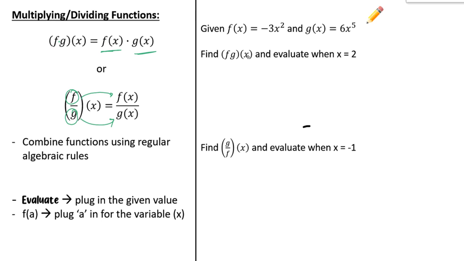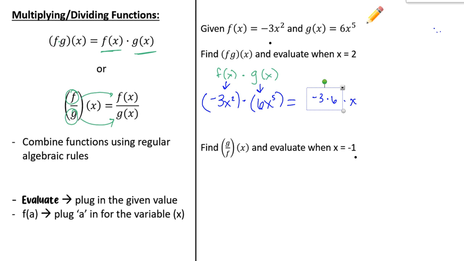So fg of x right here means I'm going to take f of x, multiply it by g of x. Okay, f of x though is negative 3x squared times g of x, which is 6x to the 5th. Now combining those together, when you multiply, you're going to multiply the numbers together, negative 3 times 6, and then you've got x squared times x to the 5th. And hopefully you remember the rules for multiplying exponents.